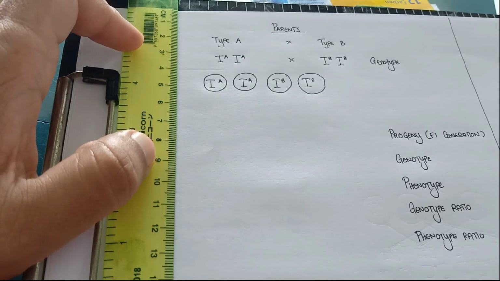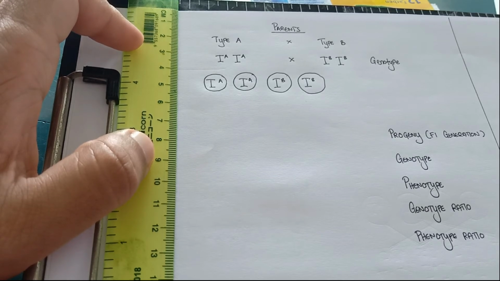That is considered heterozygous because the genotypes are different. Here I've given you homozygous genotype with also type A and type B, but the difference is the genes. Both are IA IA, and IB IB respectively.